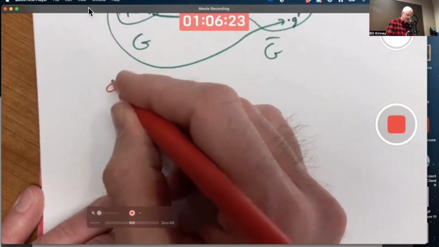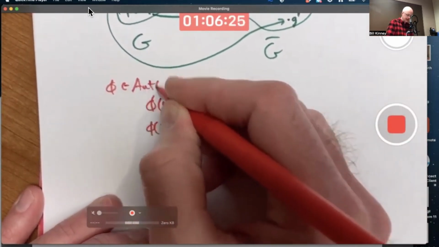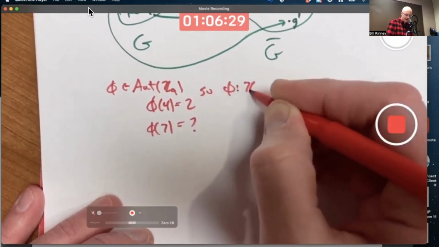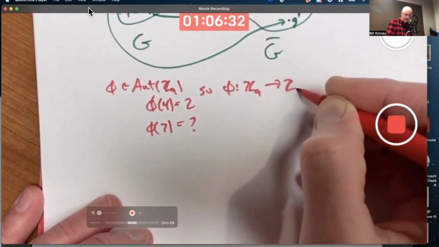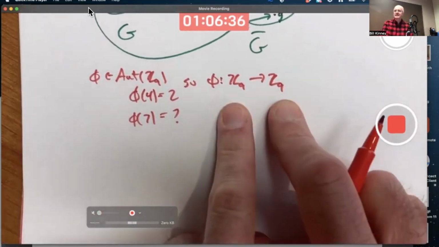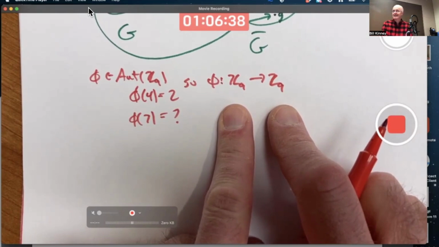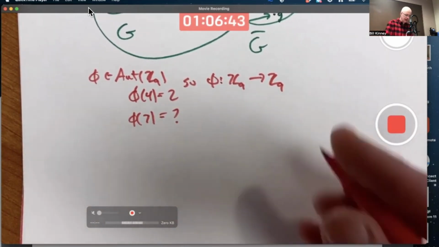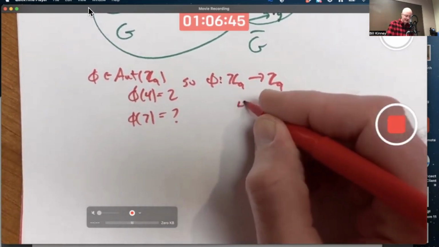Phi is an element of Aut of Z9. So phi is a mapping from Z9 to itself that is 1-to-1, onto, and operation preserving. The group operation in Z9 is addition mod 9. I gave a hint, 4 is a generator for Z9.